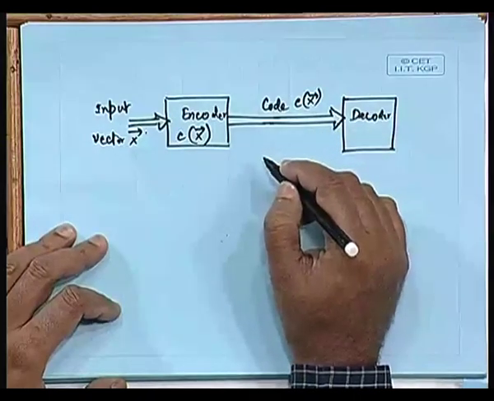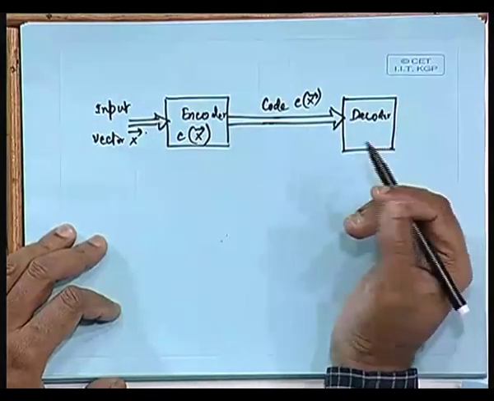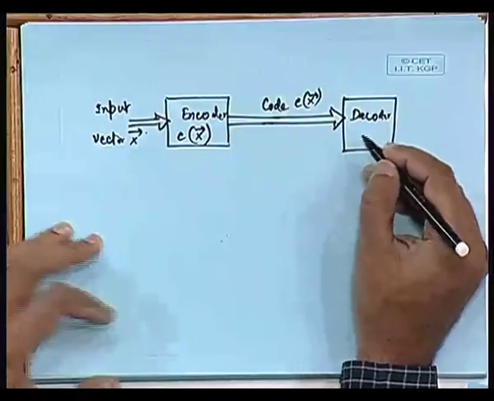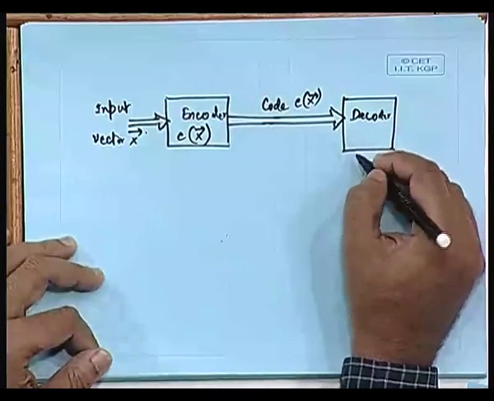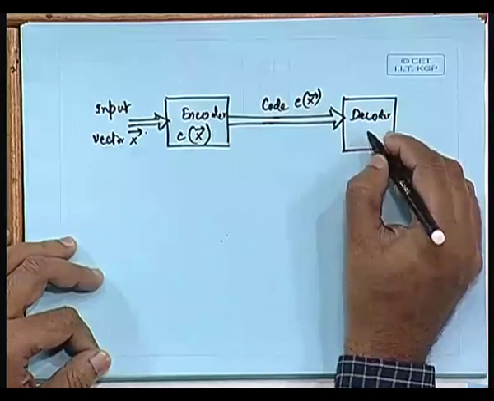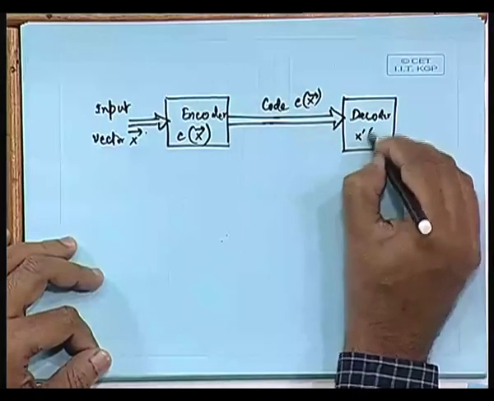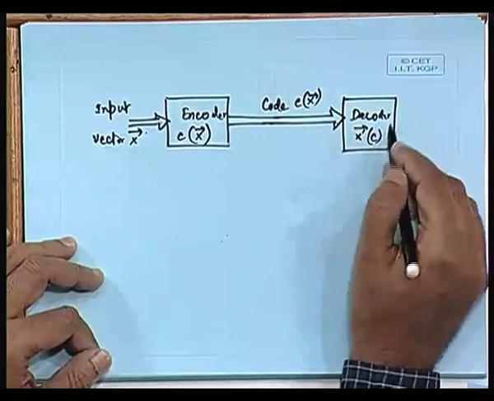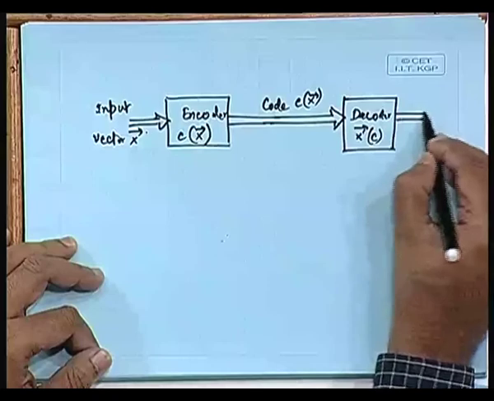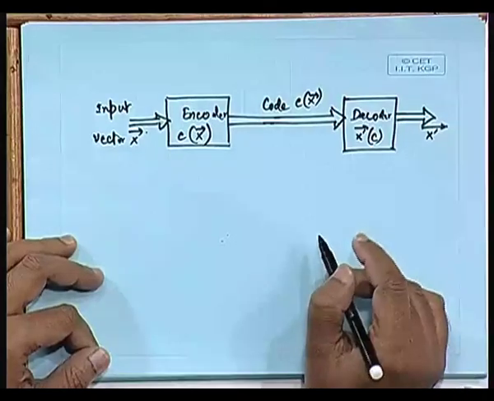In communication, after the encoder, the code is put into the communication channel, and the channel can have some noise in it. For the time being we are assuming a noise free model. Now, this code c of x will be passed to the decoder, and the decoder function we write as x prime vector of c. What the decoder will try to do is to get back this vector x, but it will not get x exactly, it will get x prime.